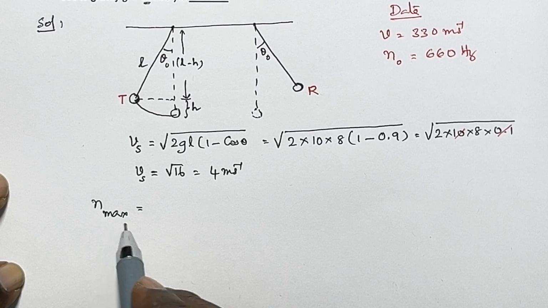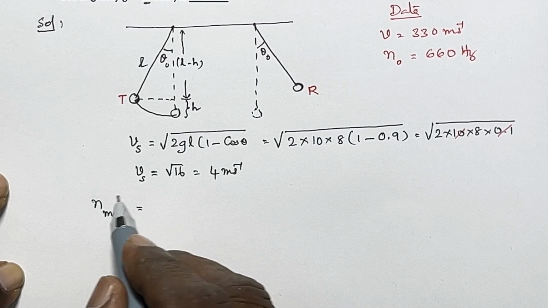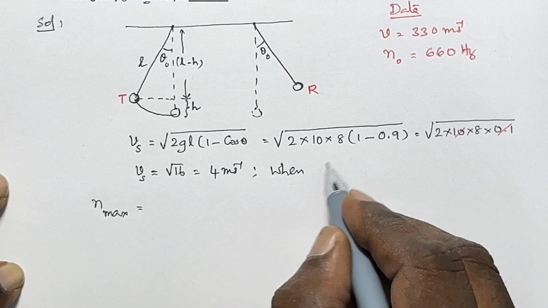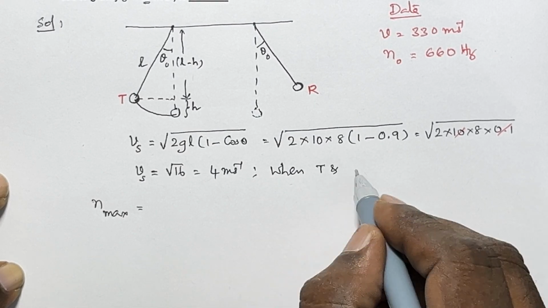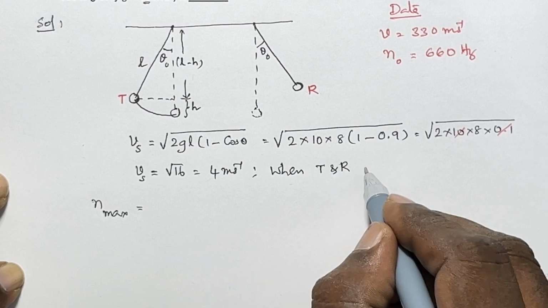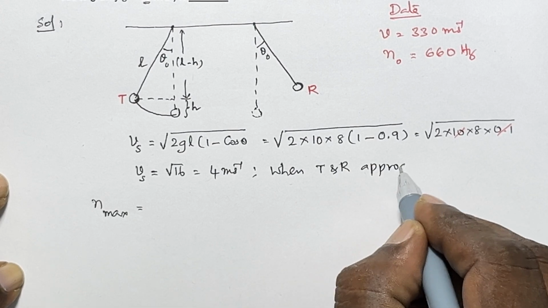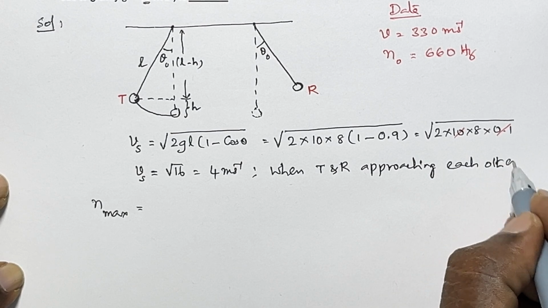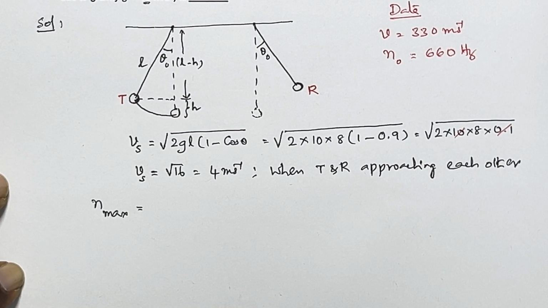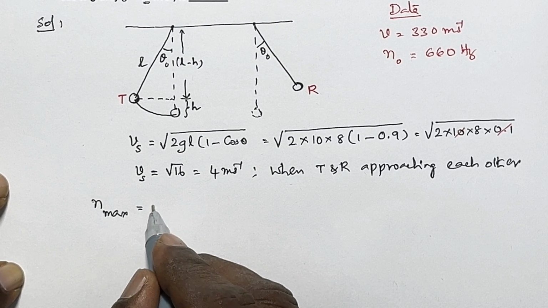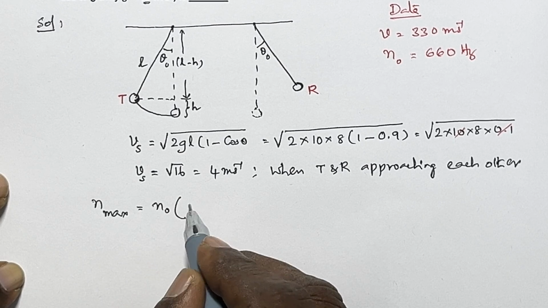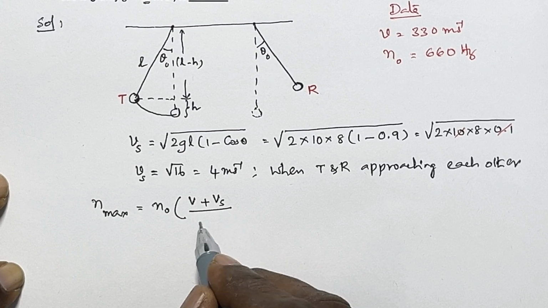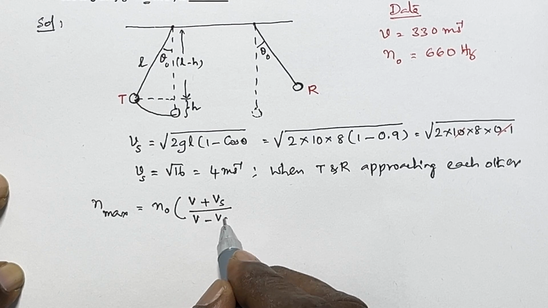Then n max is equal to n naught into (V plus Vs) by (V minus Vs).